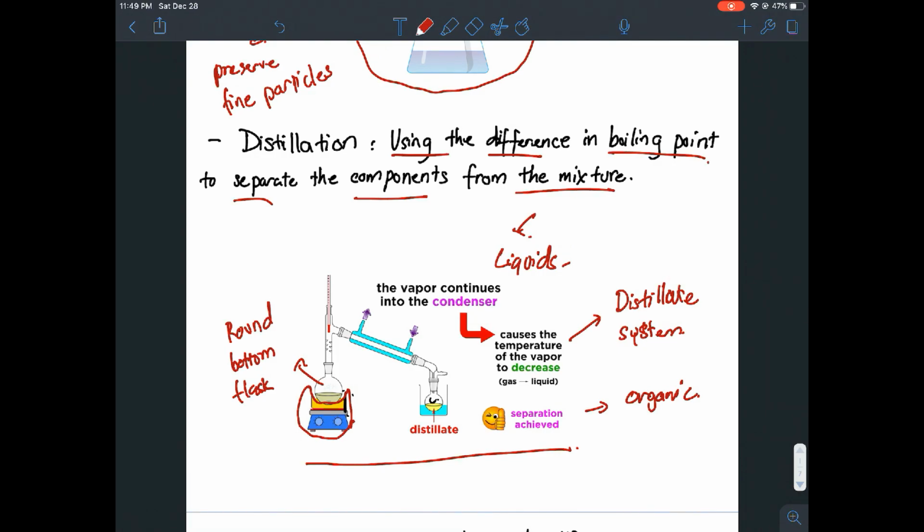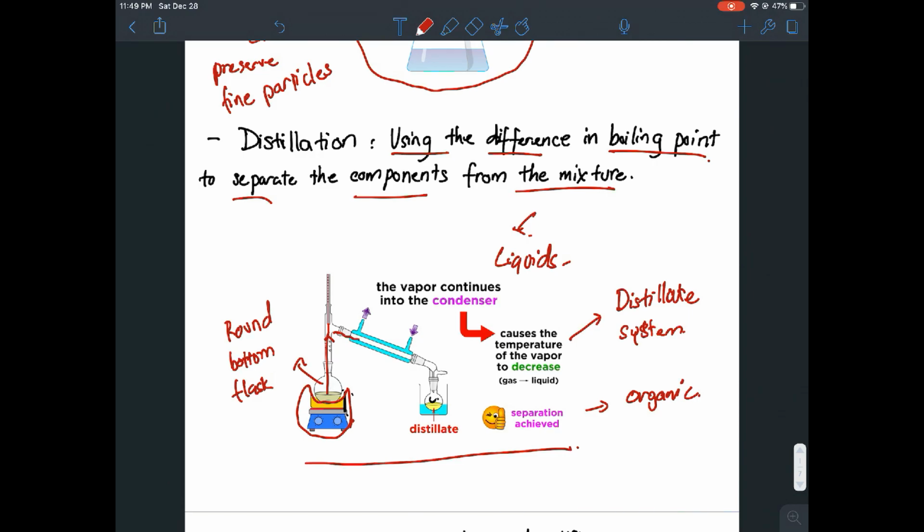When it is heated on a hot plate, the liquid could evaporate, and then it could be cooled down inside the condenser by the cold water coming in. The cold water touches the outside of the condenser and cools down the gas inside the condenser, and then the cold water is going out through this way, and this process is going to repeat itself.